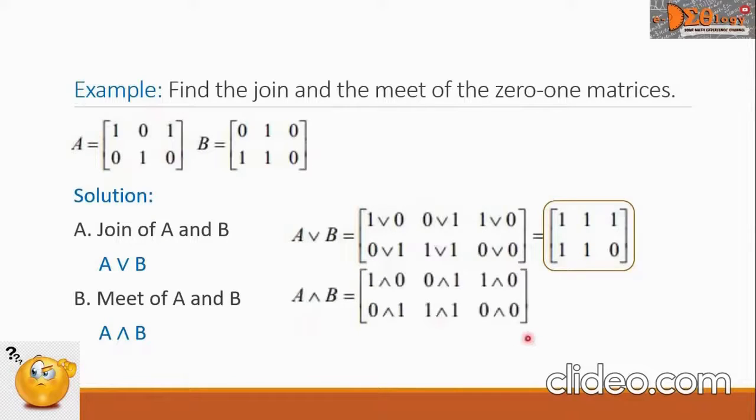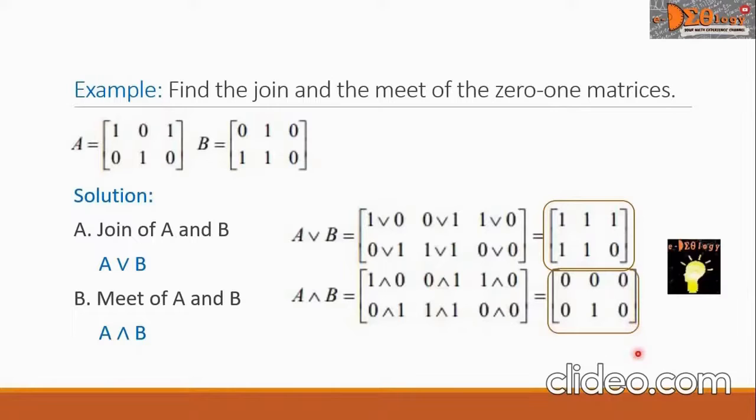So we write it like this, A AND B. For the first entry, we have 1 and 0 is 0. 0 and 1 is 0. 1 and 0 is 0. 0 and 1 is 0. 1 and 1 is 1. 0 and 0 is 0. So the meet of A and B is the matrix 0, 0, 0, 0, 1, 0. These are the final answers.